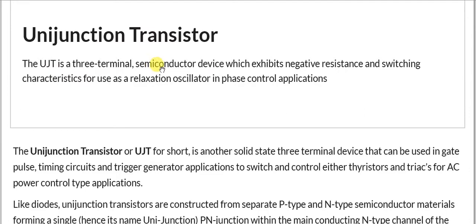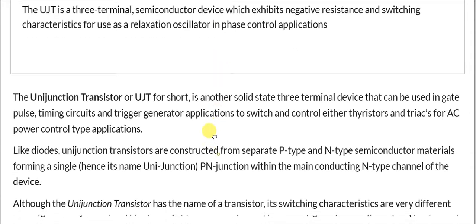The unijunction transistor is a 3-terminal semiconductor device which exhibits negative resistance and switching characteristics for use as a relaxation oscillator in phase control applications. Where we want to control the phase, or use a vibrator or relaxation oscillator, it is used there for its switching characteristics.